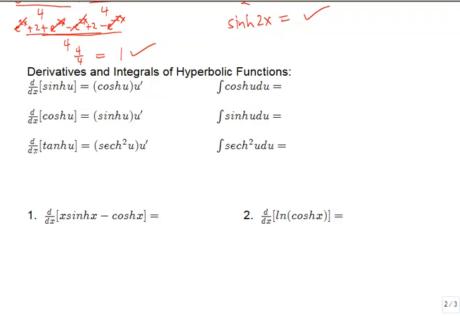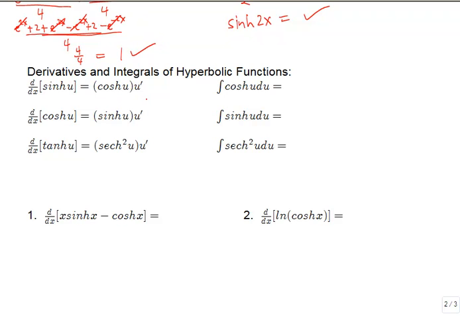Okay? And we know that the derivative of tangent is secant squared, while the derivative of hyperbolic tangent is also hyperbolic secant squared. So that one's the same, this one's the same. The cosine one is different because there's no negative that's needed. So those are the derivative rules.